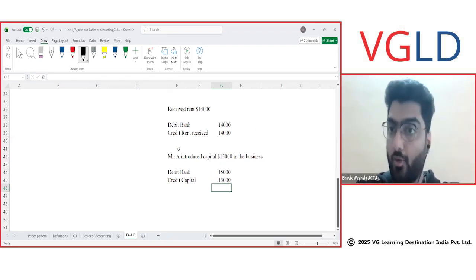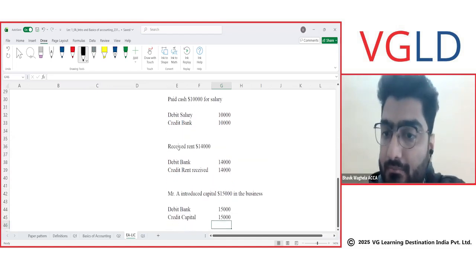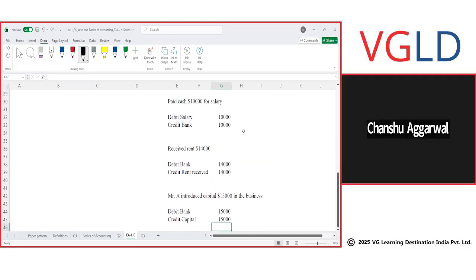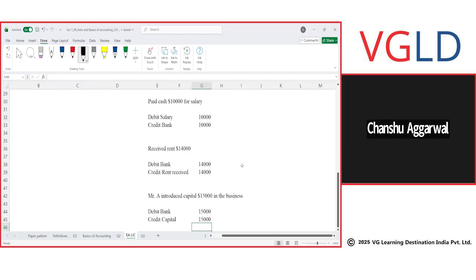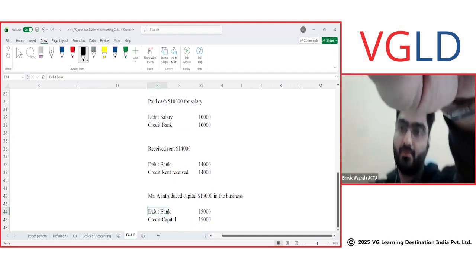Everyone understood? So to record this transaction, can we also say Mr. A account debit, credit capital account? No, you will never say Mr. A account debit. That would be incorrect.